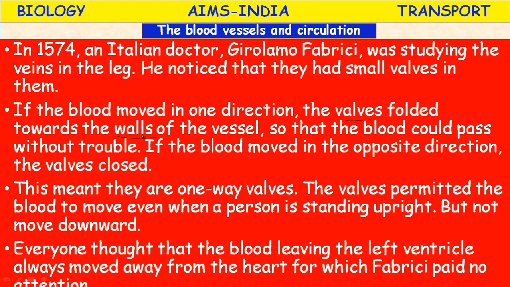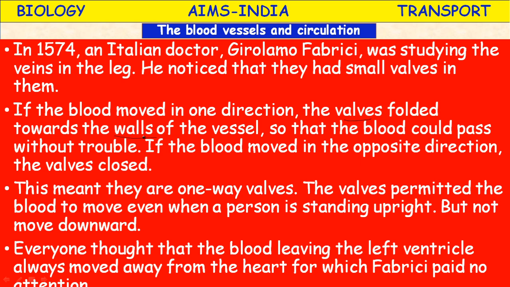They act like the traffic police. This meant that they are one-way valves, meaning the valves allow the flow of blood in only one direction. The valves permitted the blood to move even when a person is standing upright, but not move downward.